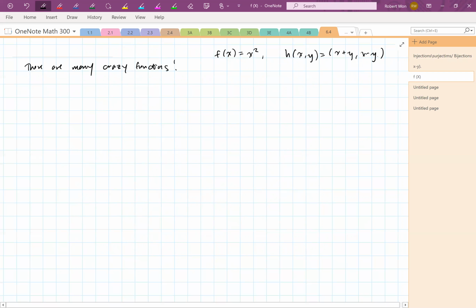But I don't want you to get the thought that every function is given by some nice operations applied to some inputs. These are super, super nice functions. They're continuous in the appropriate sense of continuous, because this is from R2 to R2, but there's a way to define continuous there too. f is infinitely differentiable, you can continue taking derivatives. But there are really crazy functions in the world.